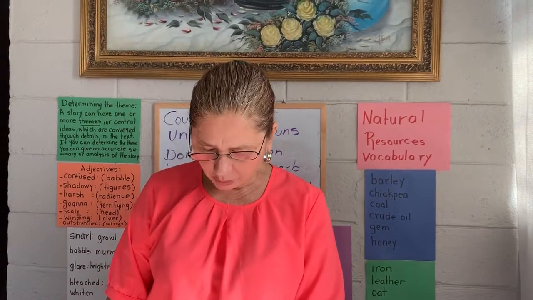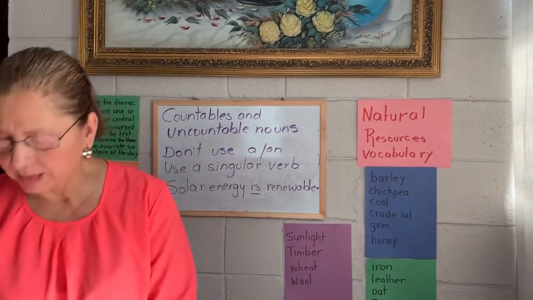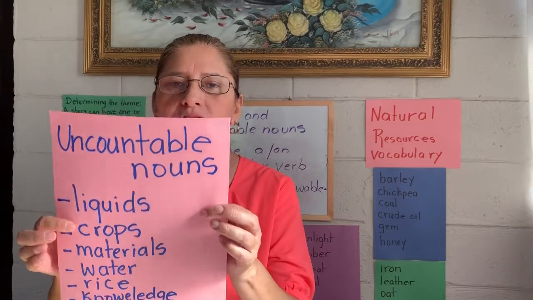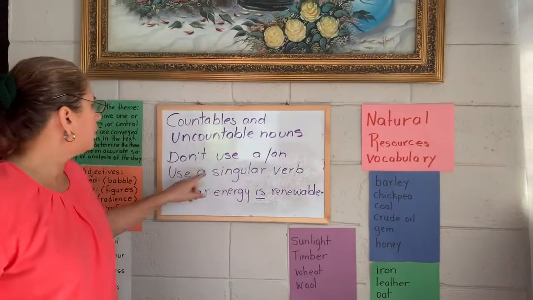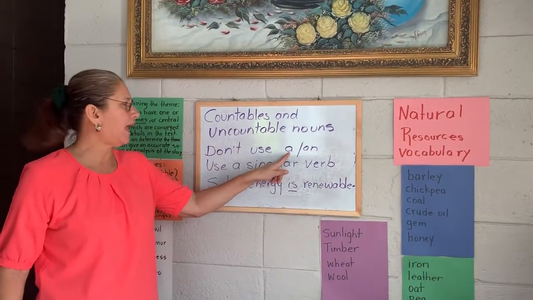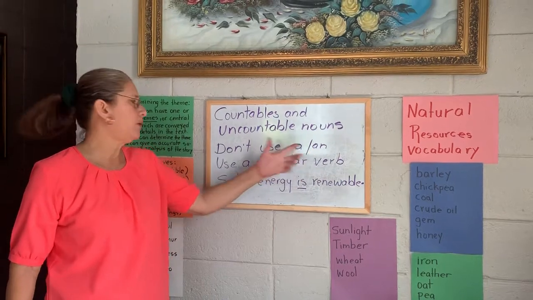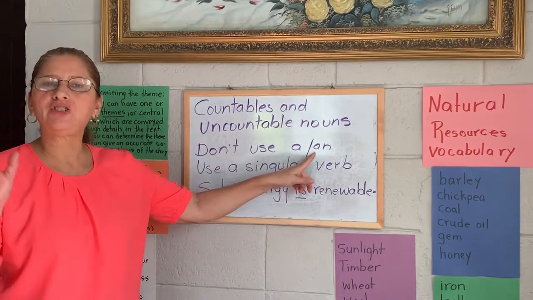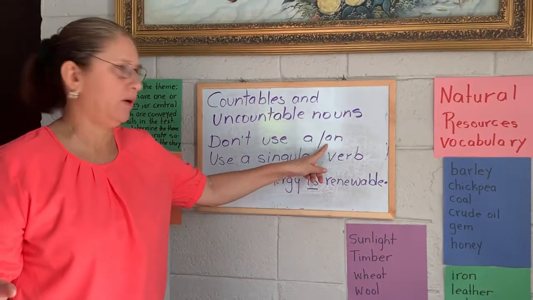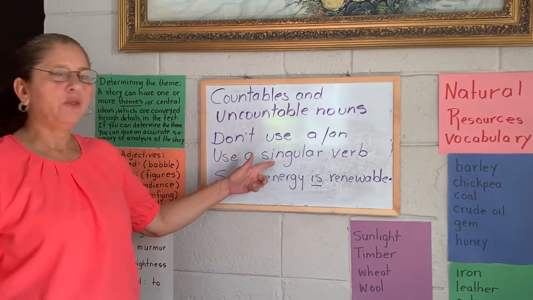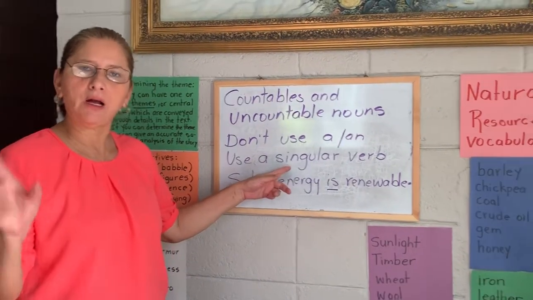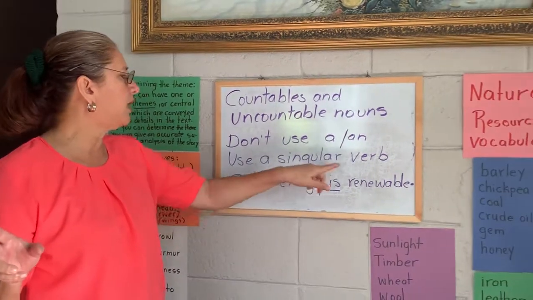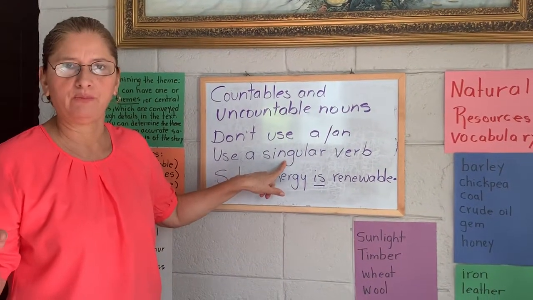Remember that with uncountable nouns, we don't use the articles a and an. Remember that a and an are just for countable nouns. Another characteristic of uncountable nouns is that we use the verb in singular form.